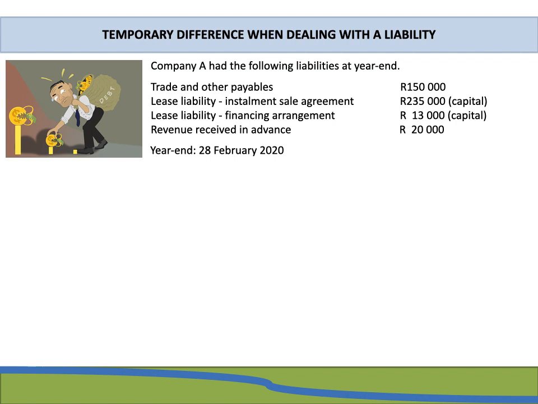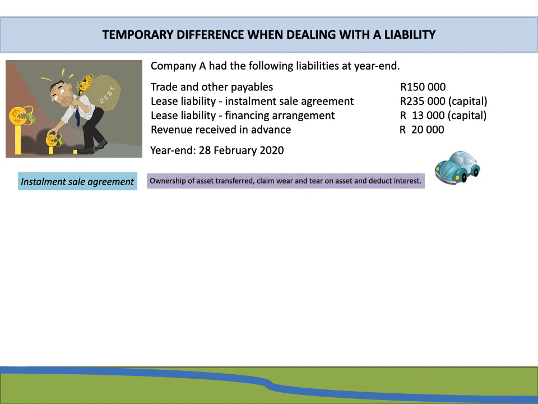So let's have a look at the difference quickly between an installment sale agreement and a financing agreement. An installment sale agreement is where ownership of the asset has been transferred, and the lessee, in this case company A, may claim a wear and tear allowance on the asset, and they may deduct all interest that's been incurred on the lease liability.